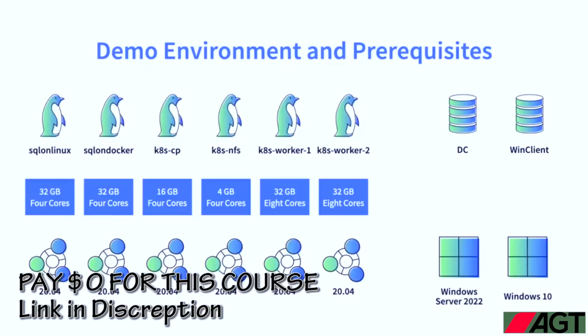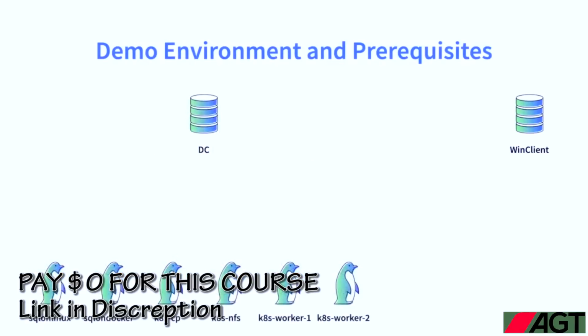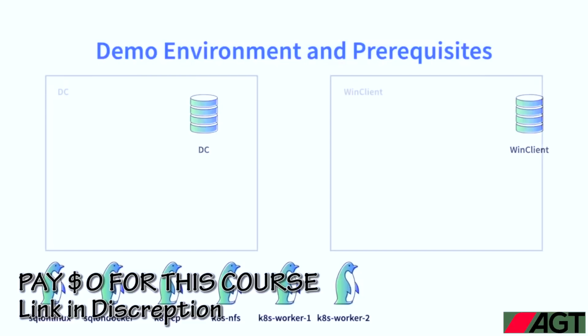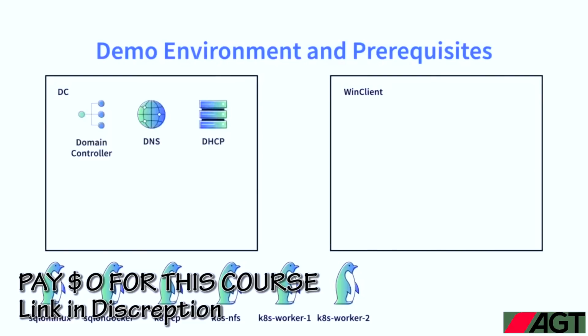Almost all client tools are cross-platform though, so you could also run everything from a single Linux box again. I assigned 4 cores to both Windows boxes, with the client getting 16 gigs of RAM and the domain controller 4. If you're wondering why the client needs 16 gigs of RAM, it's because we'll actually also use it as a server in one of our modules. As their name suggests, these boxes serve a purpose. The domain controller machine is my domain controller and also runs the DNS and DHCP services.